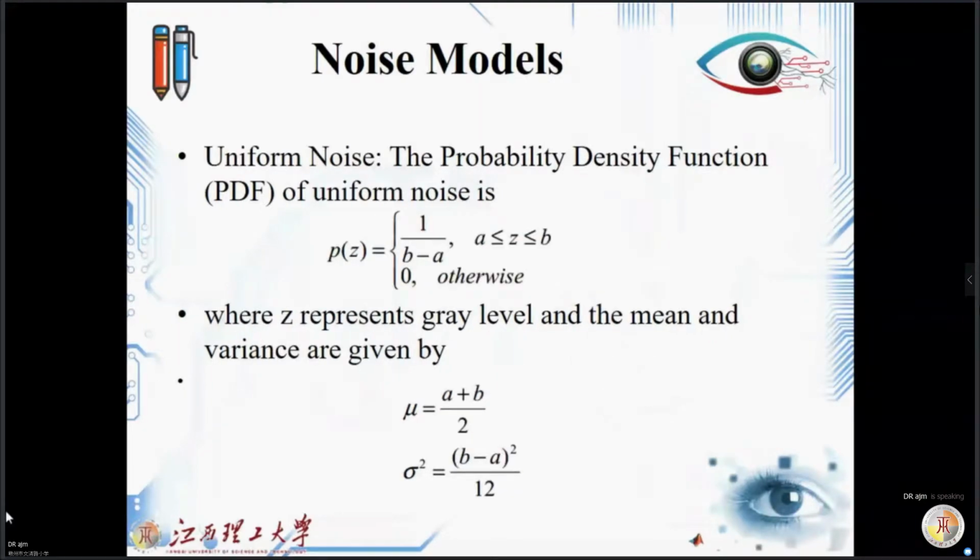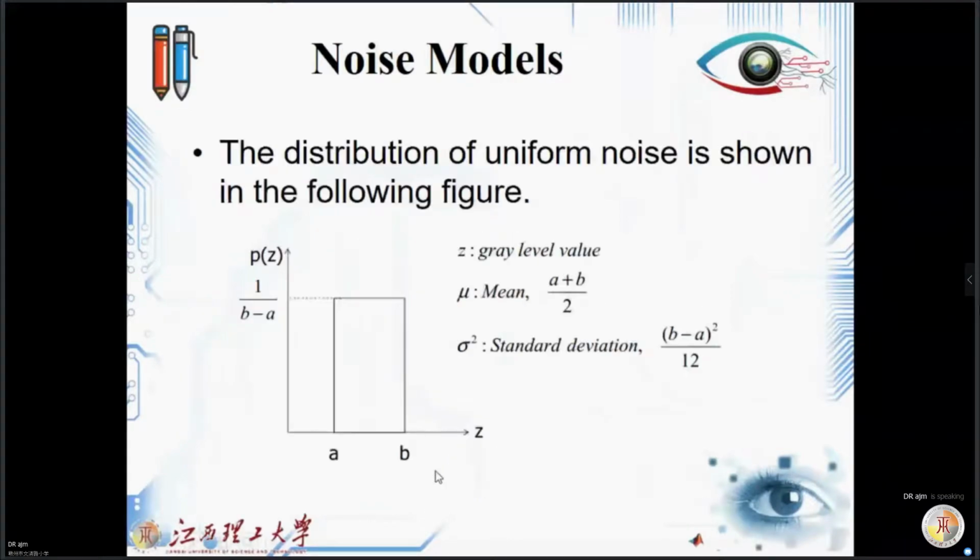It's near to a pulse shape, in which you have a and b as the maximum and minimum margins, and then you have the peak, but you don't have the center point here. And the variance is calculated based on the formula (b minus a) squared divided by 12.